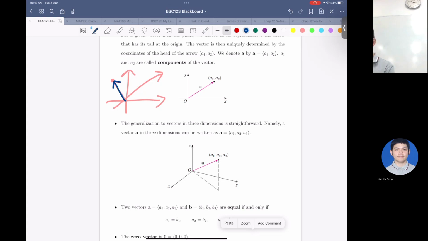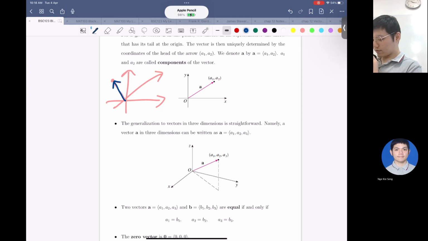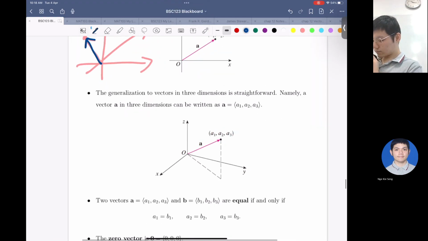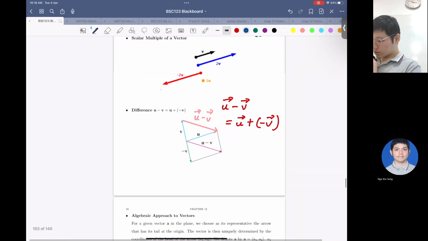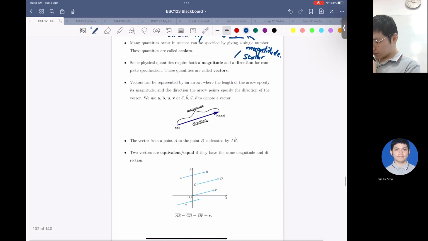We want two vectors to be equal if and only if every component is the same. So they start at 0, 0 and end at the same point. This is what we mean by equal vectors. Actually, we need to define what an equal vector is first.